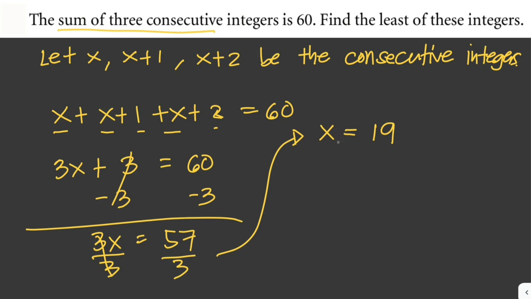So the integers are 19, 20, and 21, and the smallest of which is 19.